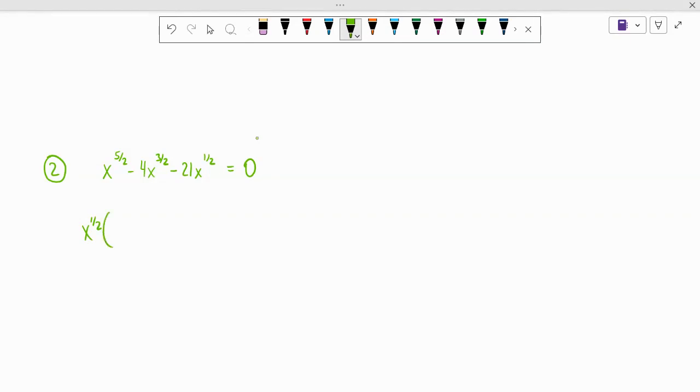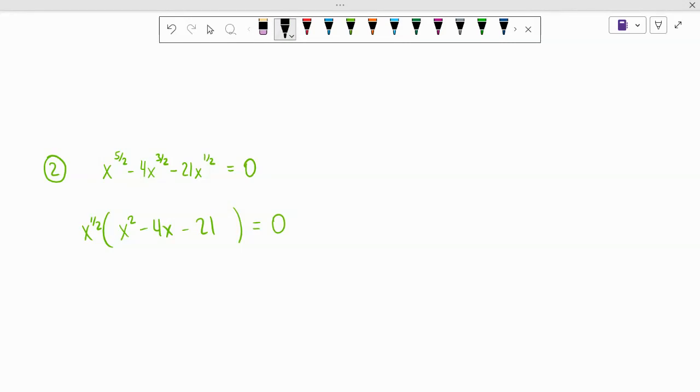Very good. So what would I have in the parentheses when I factor out x to the 1/2? Yeah, x squared minus 4x minus 21.